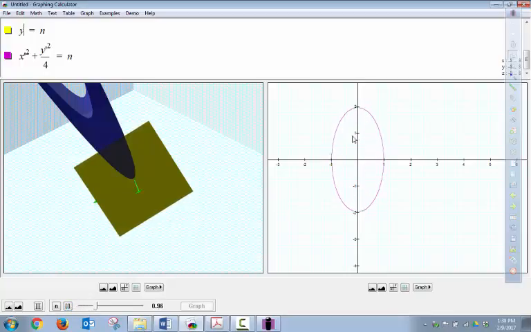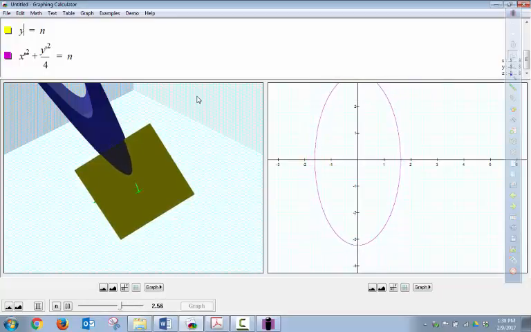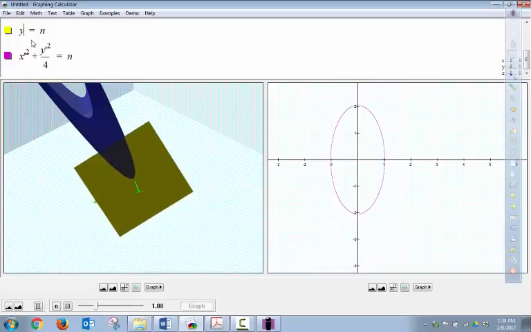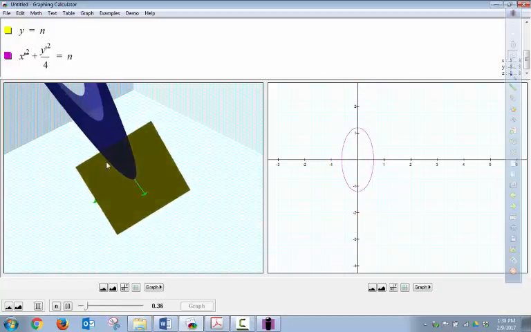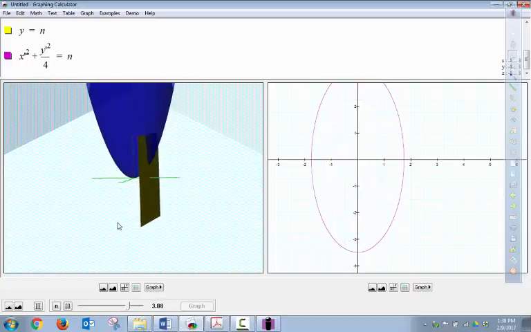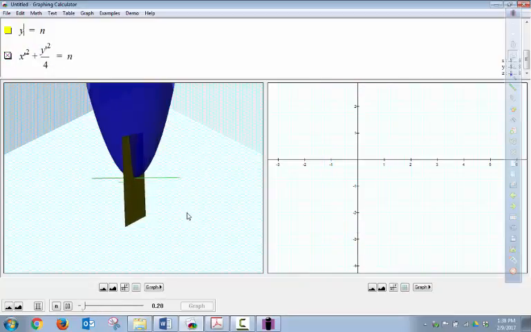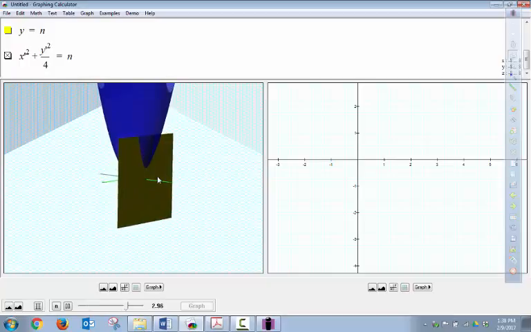Okay, so this graph isn't going to match anymore. Well, it's moving back and forth. Yeah. Again, maybe you should hide this. So this is what's happening, but if you look at it from the side, it's like cutting parabolas.